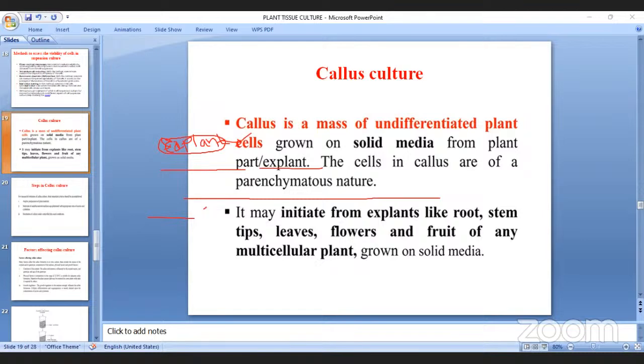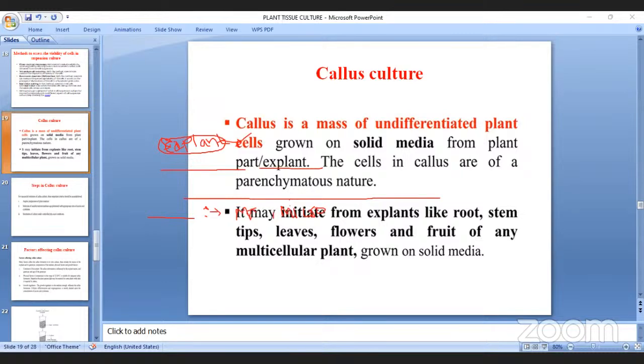What are the ingredients involved in the preparation of medium? Already told you in the first class. For preparation of any medium, the required macronutrients and micronutrients are involved.